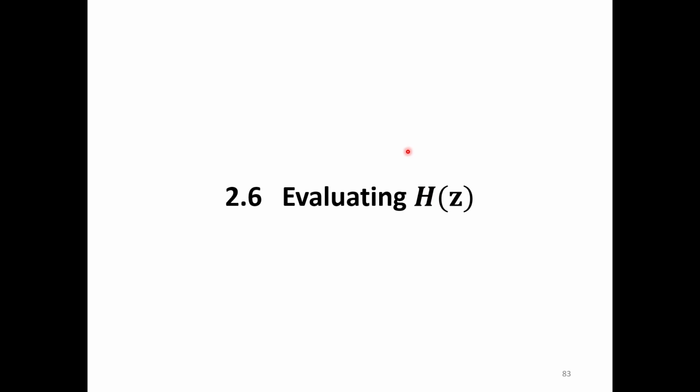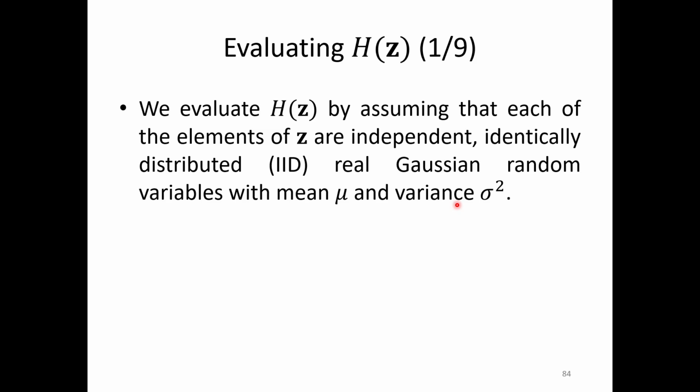So in section 2.6, evaluating the entropy of Z, where Z is the noise vector. We evaluate H of Z by assuming that each of the elements of Z are independent, identically distributed IID real Gaussian random variables with mean mu and variance sigma square.